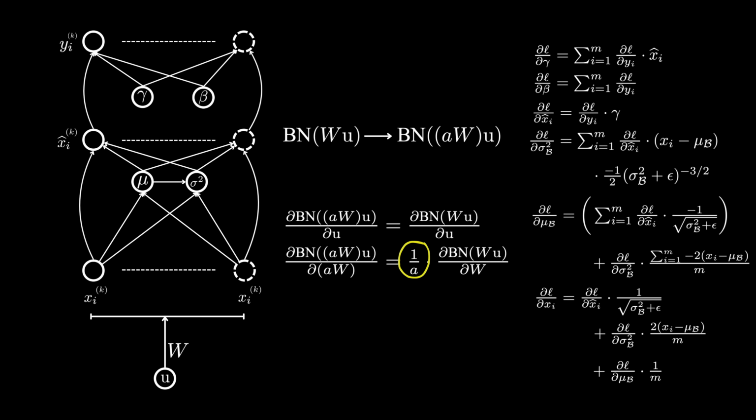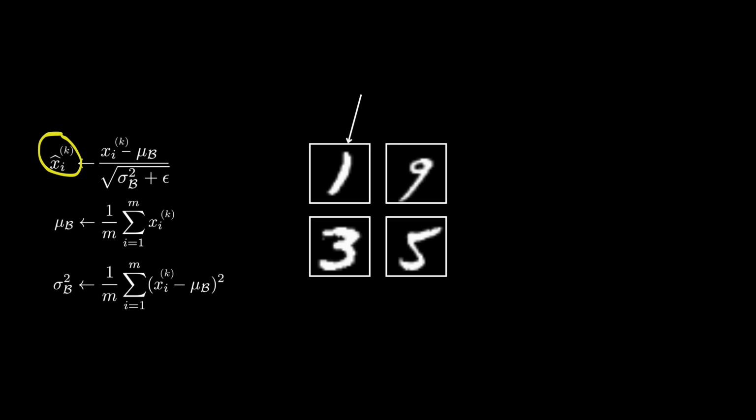In the BatchNorm paper, the authors also mention the benefit of regularization with BatchNorm. Assume we have these training data points in our batch. Let's focus on computing batch normalized values for activations for all layers on this one. The output of the batch norm layer would change based on other data points in the batch.